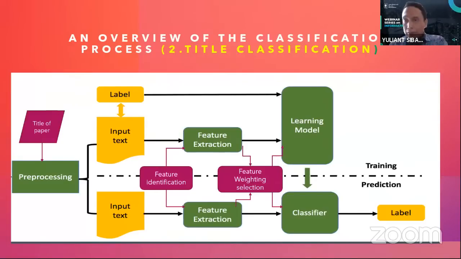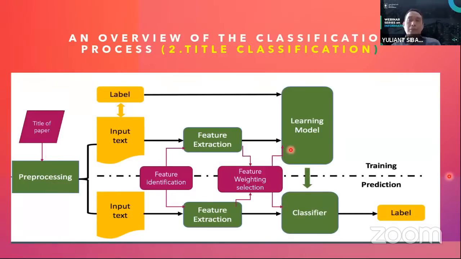In pre-processing, there are some processes, for example stemming, stopword removal, etc. After pre-processing, we continue with feature identification.